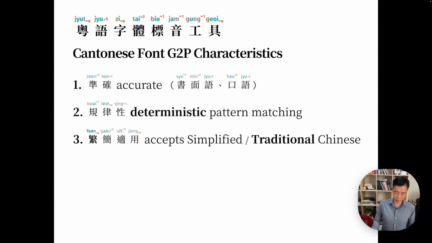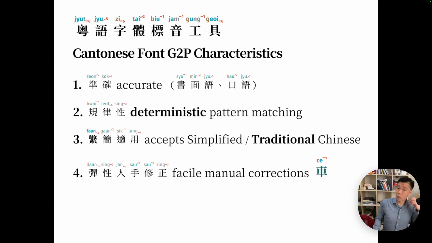Often in prose that we find, we see mixed usage of standard written Chinese, Cantonese, in simplified, in traditional, maybe in different variation of traditional Chinese from Hong Kong and Taiwan. The font G2P works for all of these. There is a way of easily manually correcting using the font as a UI. We maybe talk about this at the end.